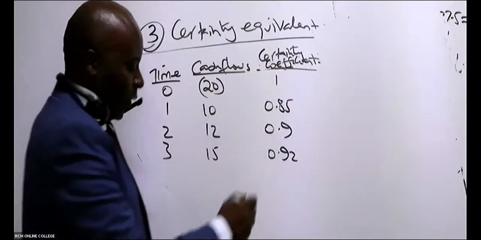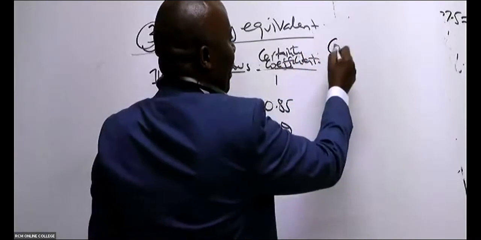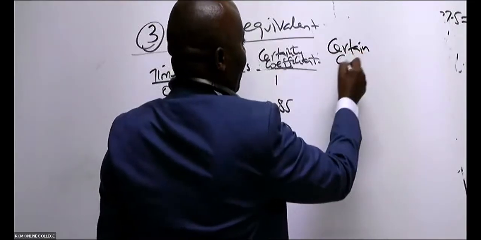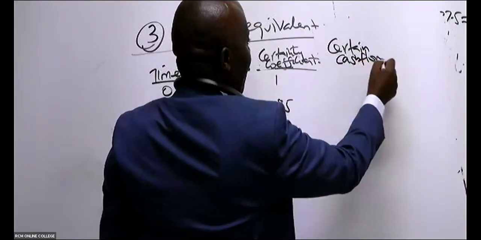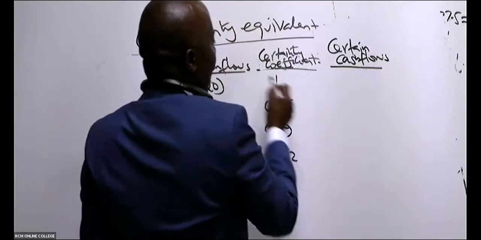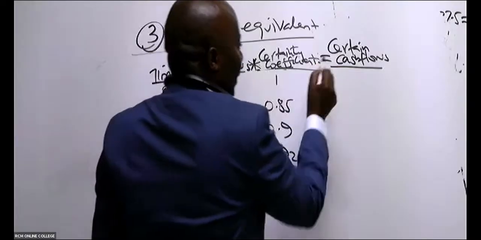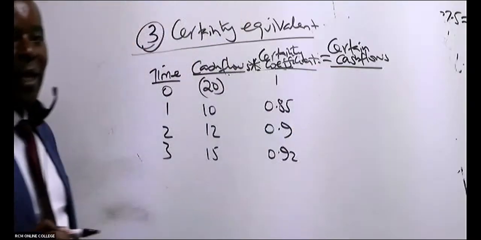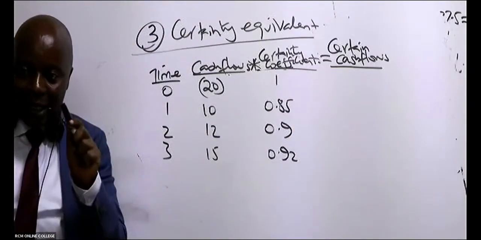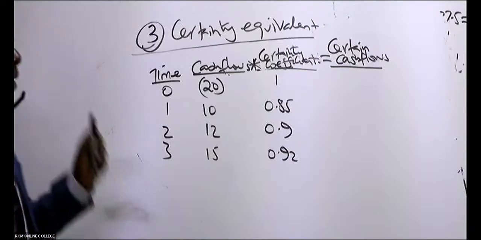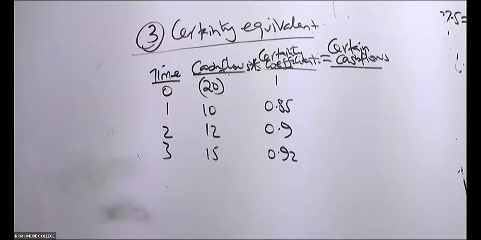So then come and give us what we call certain cash flows. How do you get certain cash flows? You take this times this to get certain cash flows. Now we've been able to remove the uncertainty because we have involved the certainty coefficients.